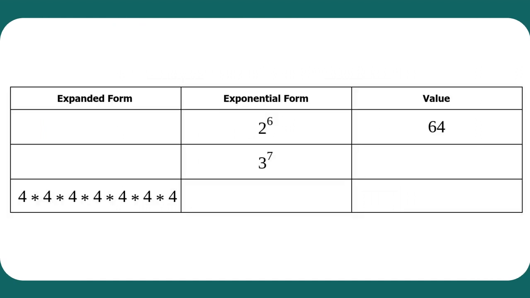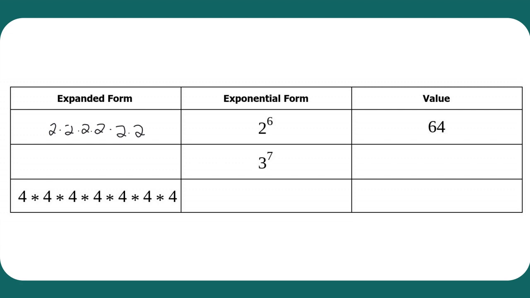So let's try a couple of examples here where we have to move back and forth between expanded form and exponential form. So in our first example, we have in exponential form 2 to the 6th power. So we know that this would be 2 times itself 6 times. Okay, and the value of 2 to the 6th power is 64.